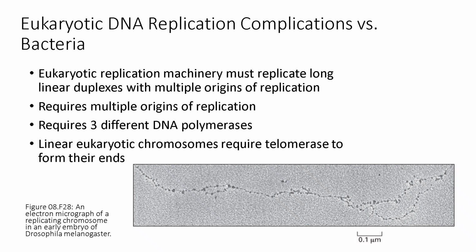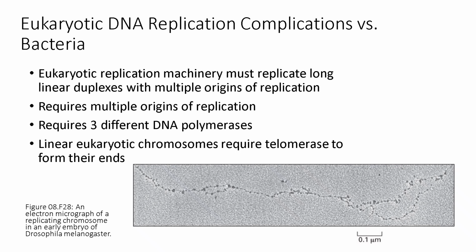Eukaryotic replication faces several complexities not found in prokaryotes. Unlike the single circular chromosome of bacteria, eukaryotic cells must replicate long, linear chromosomes. This requires the use of multiple origins of replication to ensure timely duplication.